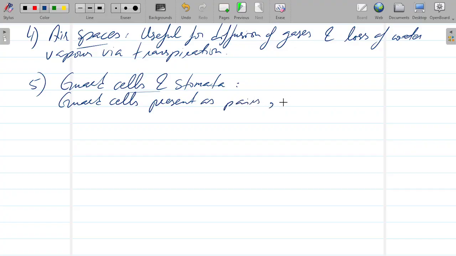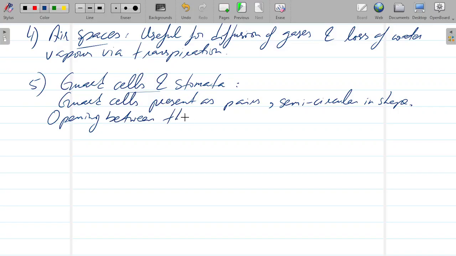They are semicircular in shape, and right, the opening between them is called the stoma, which is singular, right? And the plural is what we regularly hear or use, stomata.